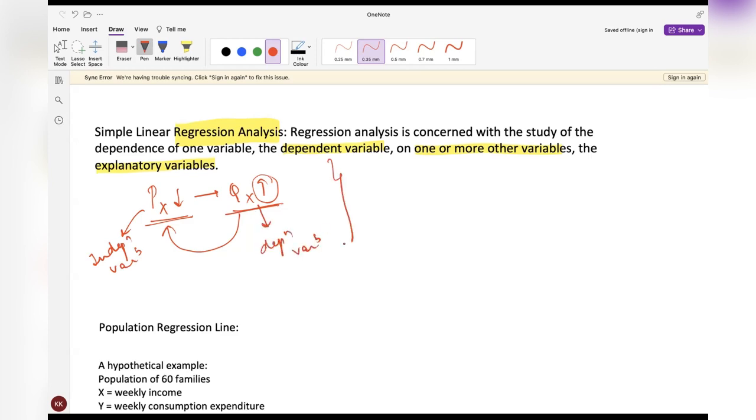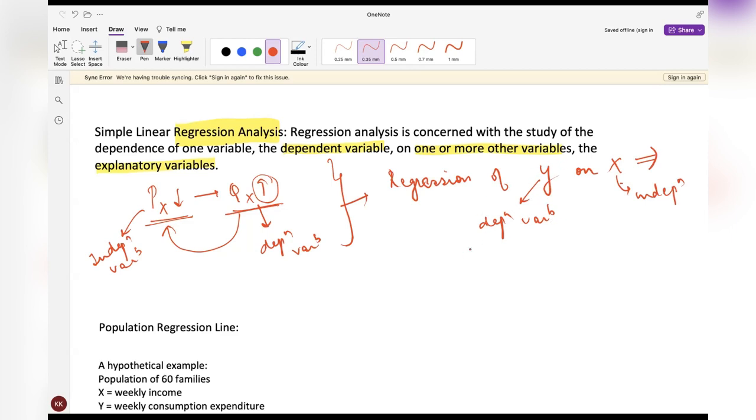And if we represent this more generally in econometrics, we write this as regression of y on x, where y is our dependent variable, x is our independent variable. What does this sentence mean? This means that we are trying to understand how x is impacting our variable y.